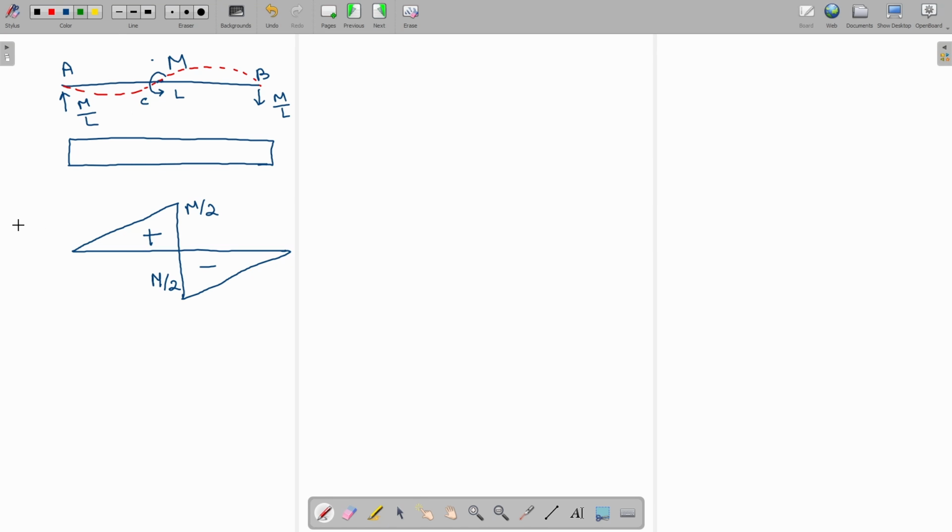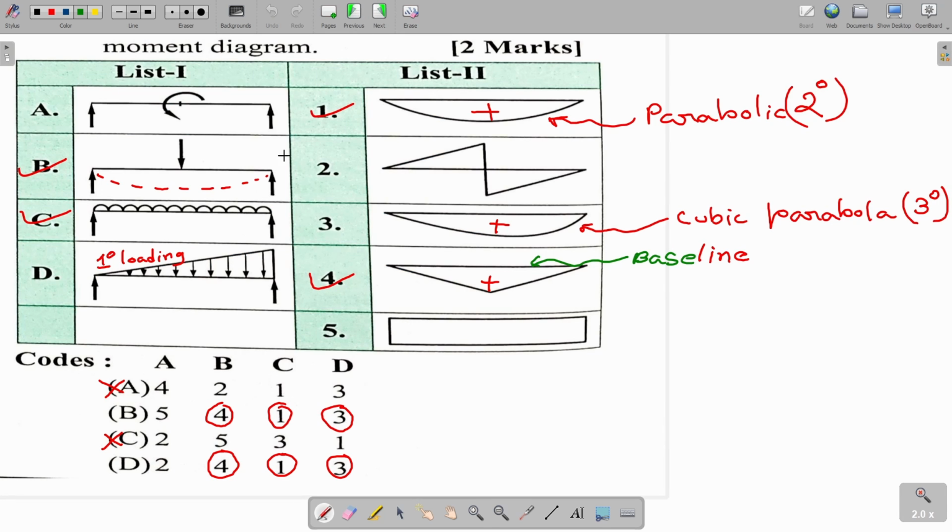Now this is the bending moment diagram, and this is the shear force diagram. So in this case, it is option number 2. That is A is 2. So our option is option number D.